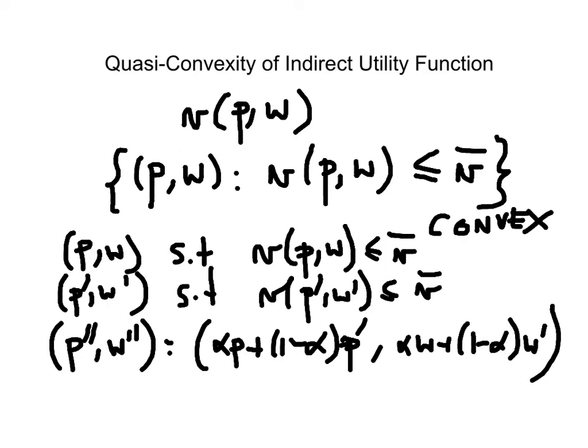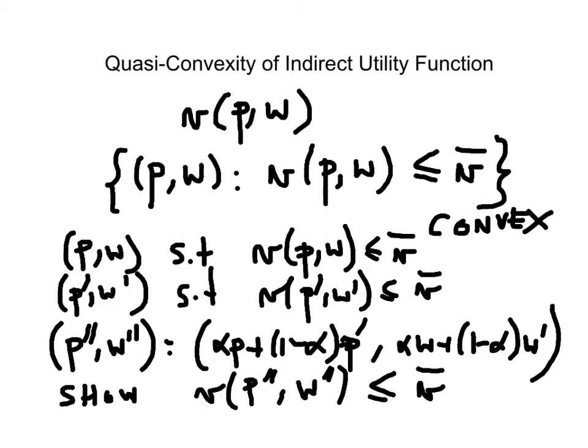If I define this linear combination in this way, I have to show that the maximum utility achievable at P double prime, W double prime is also less than or equal to the level, right? So it's also in the lower contour set.